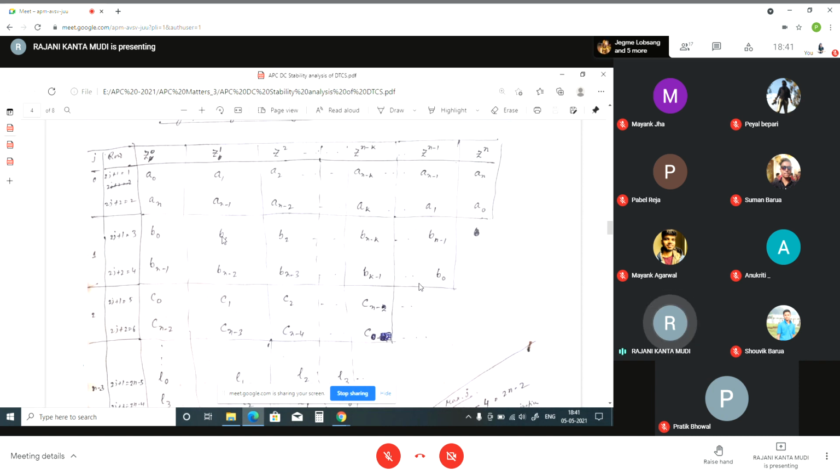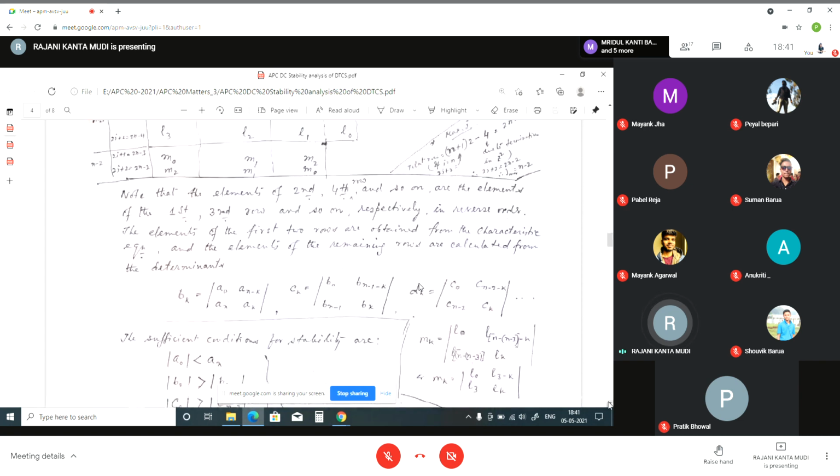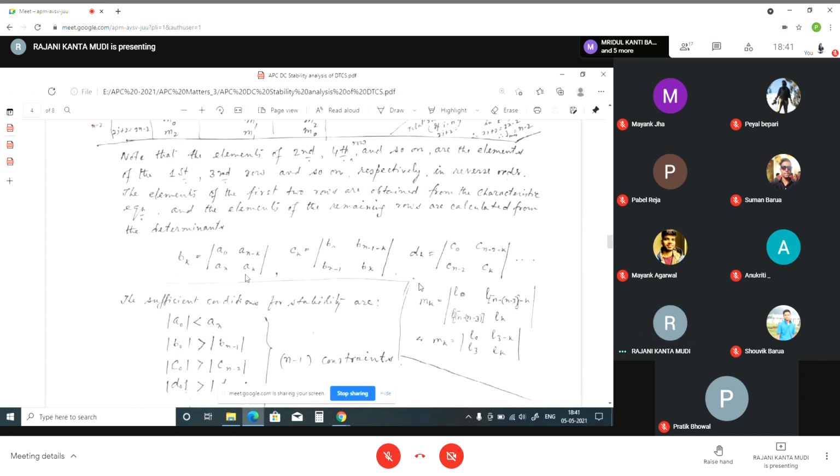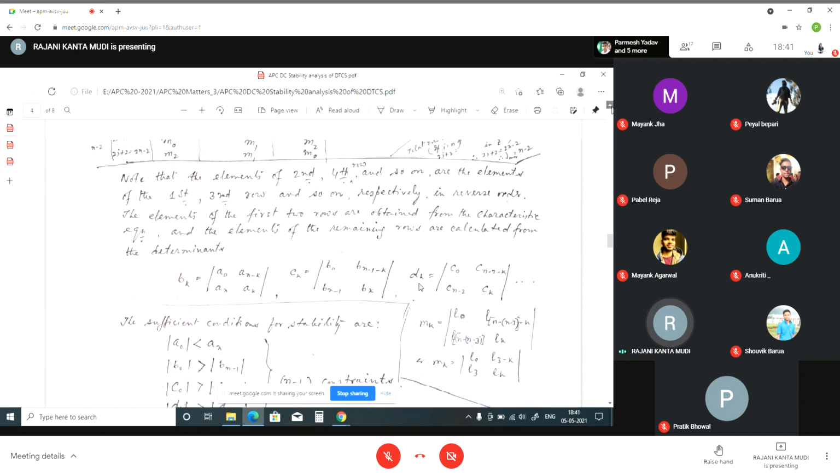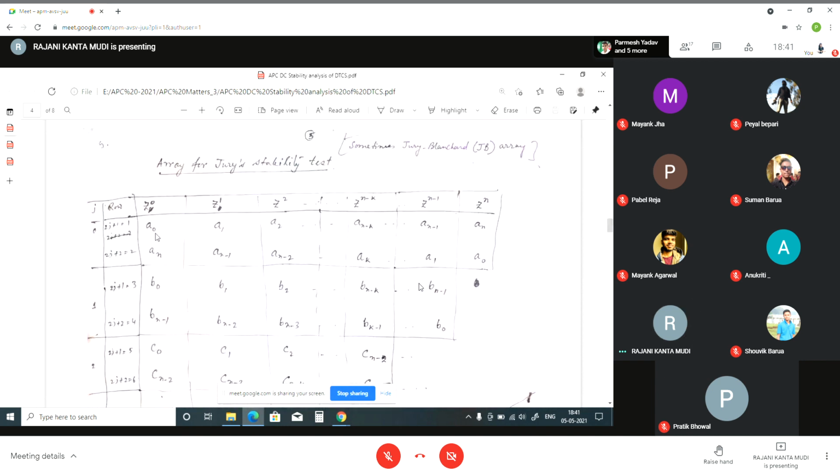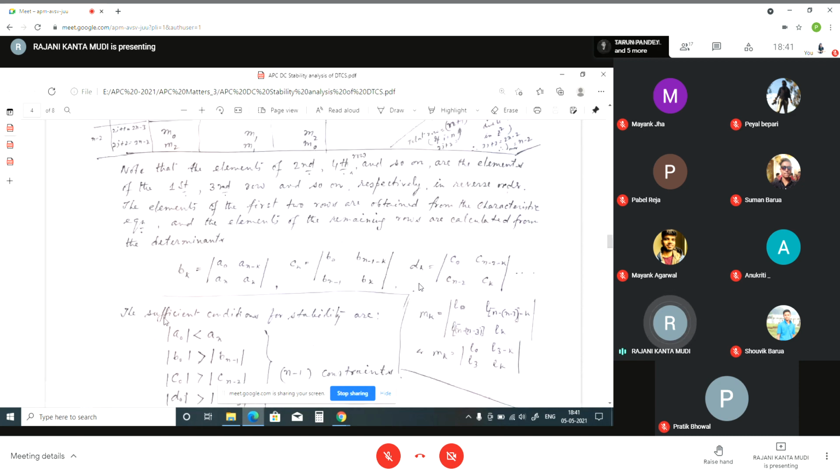From the third row onward, we have to calculate terms one by one with the formula, for k equal to 0 to n minus 1. You see, a from a0 to an, b0 to bn minus 1. Similarly, for any value of k from 0 to n minus 1, bk.